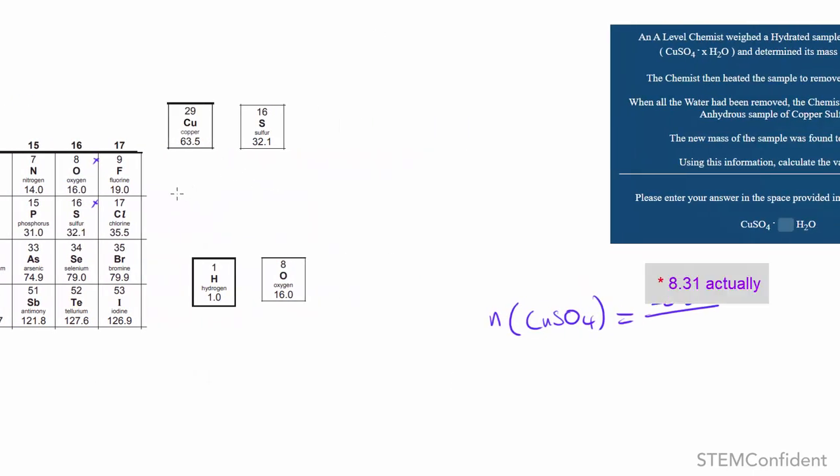So if I'm going to say, well, the Mr of CuSO₄, I'm going to leverage relative atomic masses, right? So Cu, that's just 1, so 63.5. It's not multiplied by anything, it's just 1. Plus for sulfur, similarly, it's just multiplied by 1, 32.1.